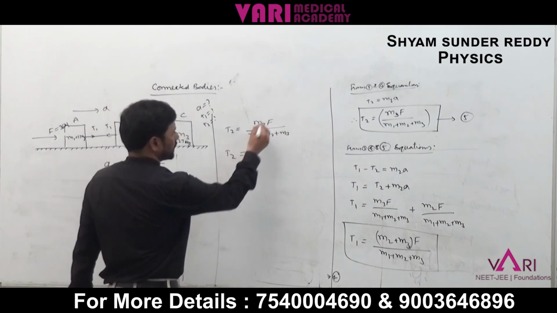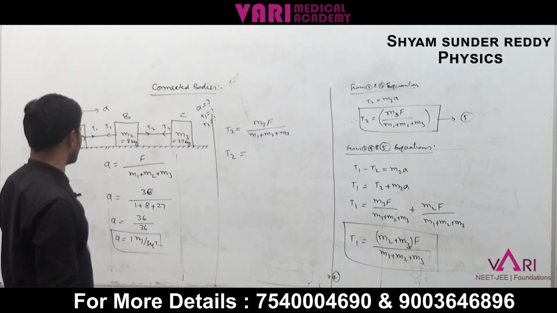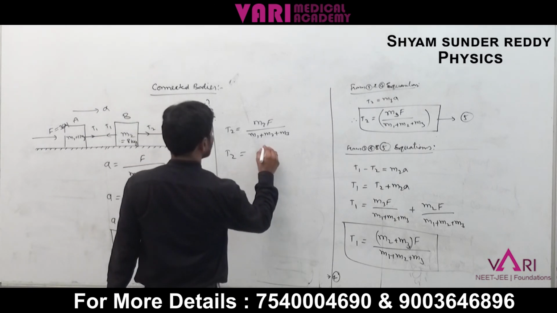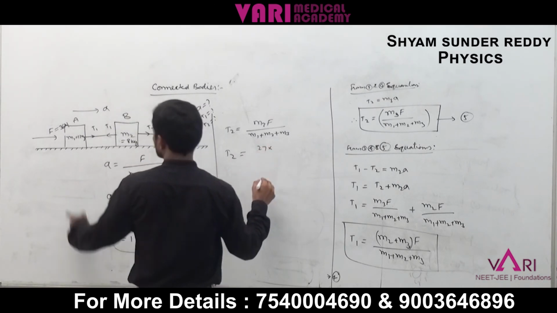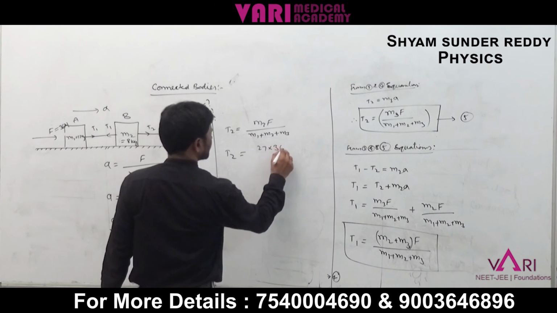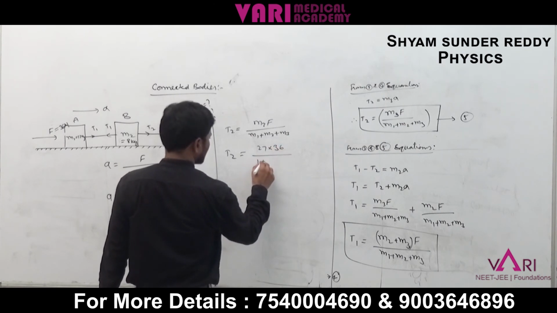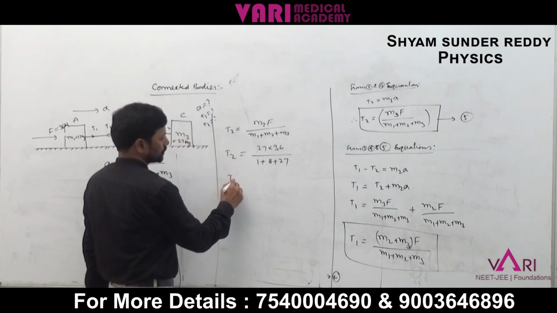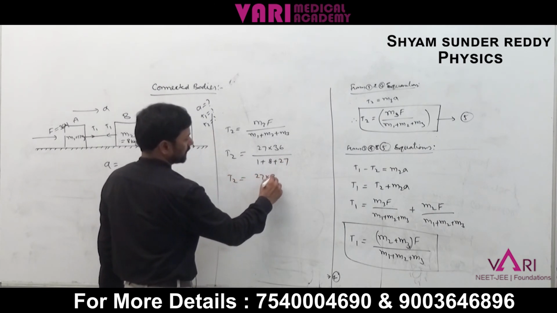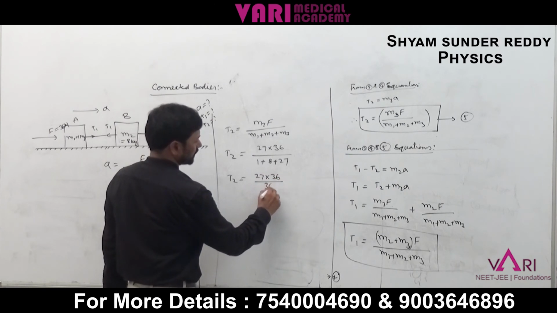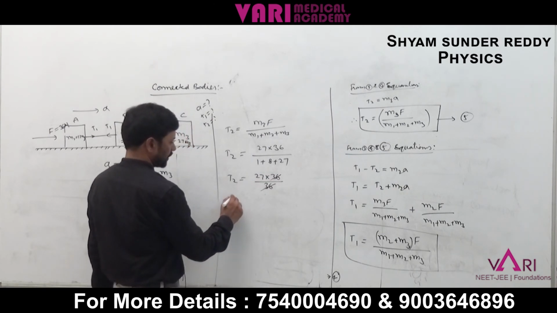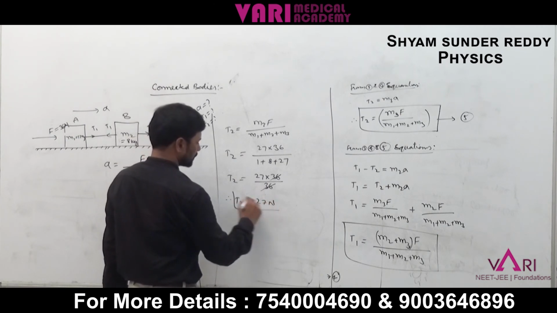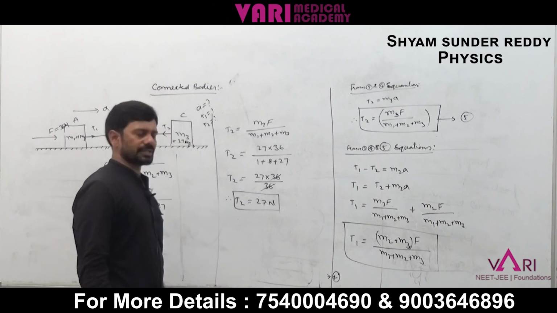Just substitute the values of F and M1, M2, M3 in this equation. What is M3? 27 into 36 by 1 plus 8 plus 27. T2 is equal to 27 into 36 by 36, the 36 gets cancelled. Therefore, T2 is equal to 27 newtons.